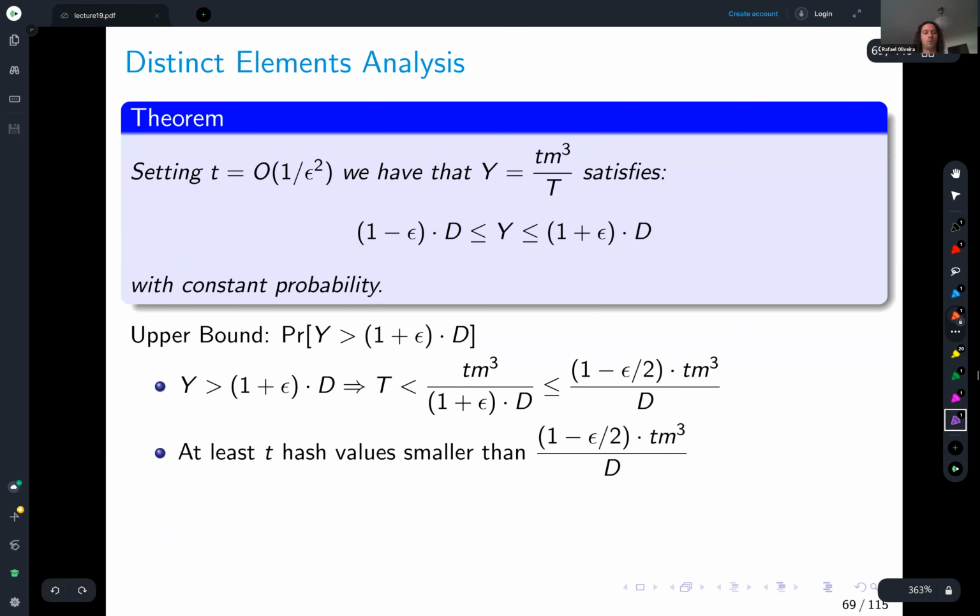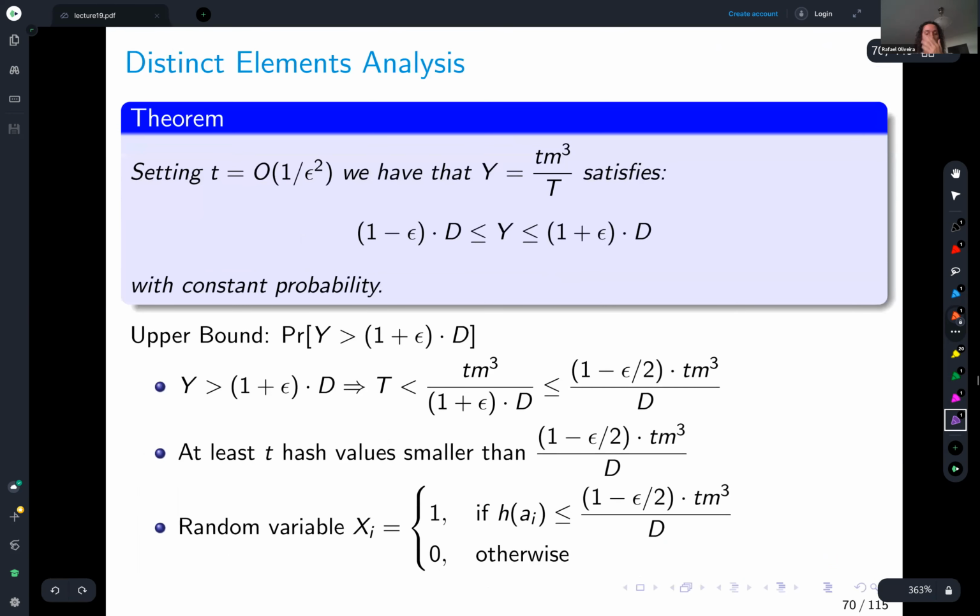All right. So again, we have at least t hash values that are really small. Now how do we bound this probability? Let's say that a random variable x_i is equal to 1 if the hash value of h_i is too small and 0 otherwise.